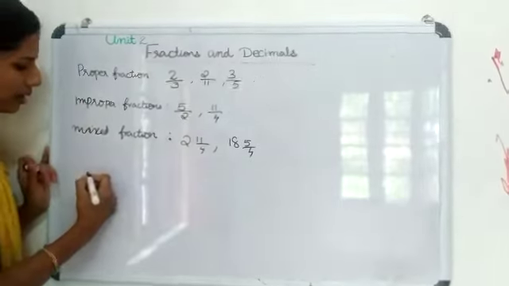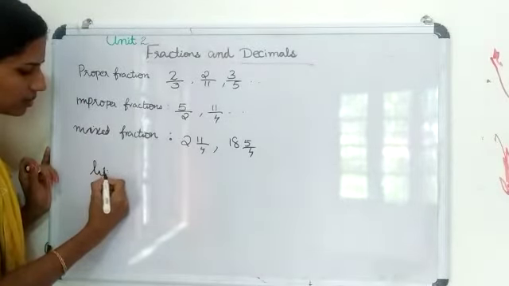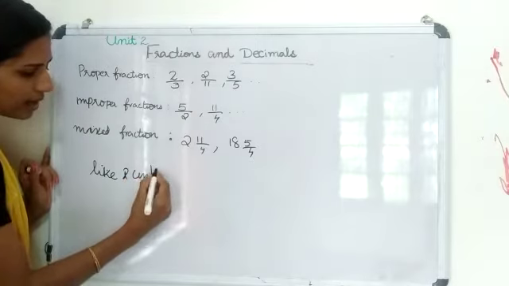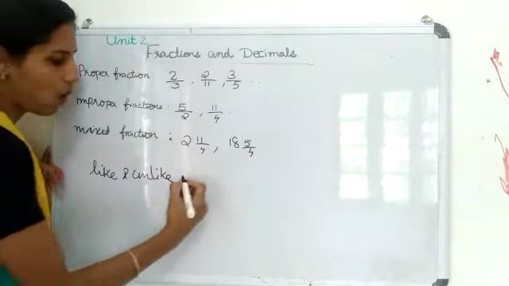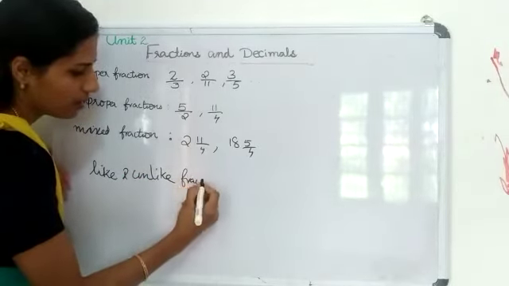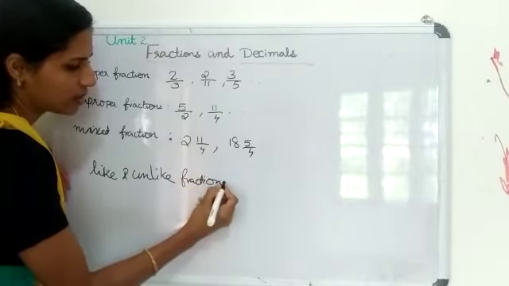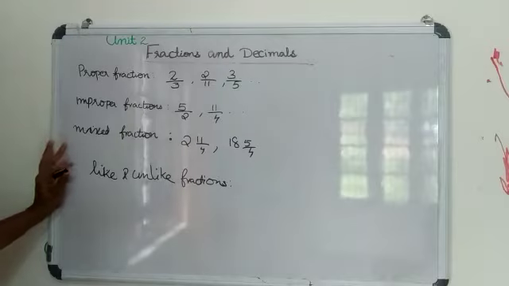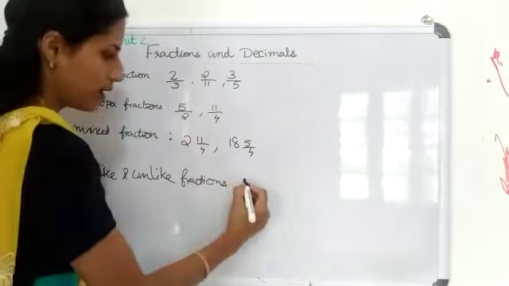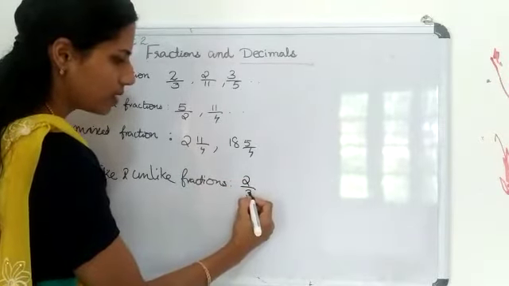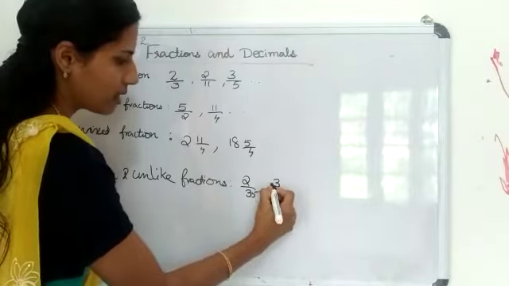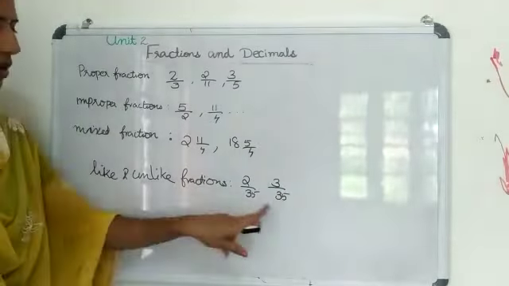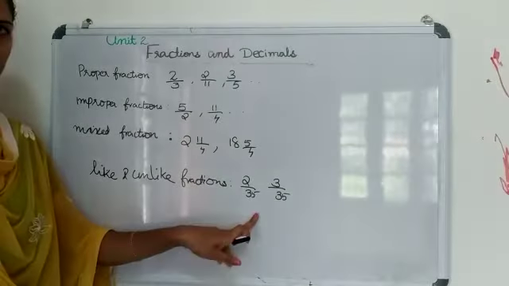Again, some terms. Like and unlike fractions. What are like and unlike fractions? When we are taking two fractions, say 2 by 35 and 3 by 35, see here the denominators are the same.